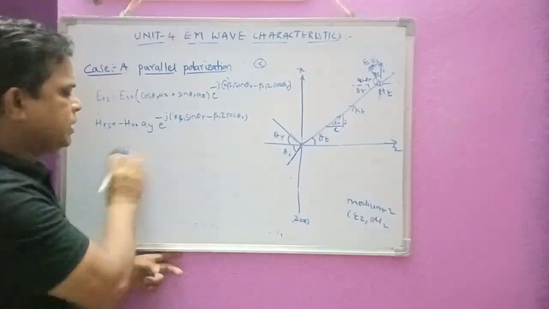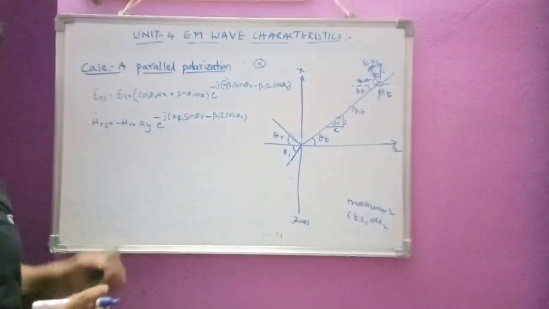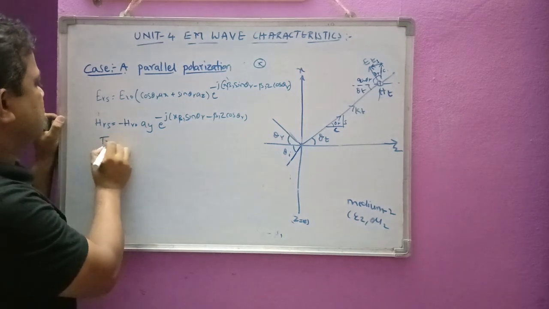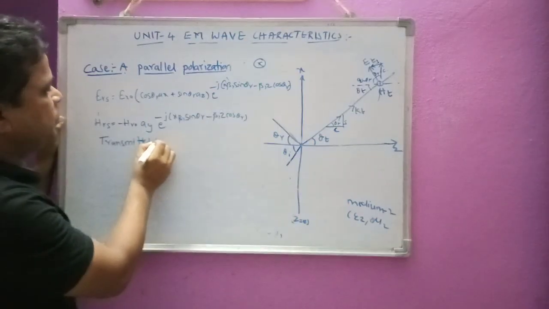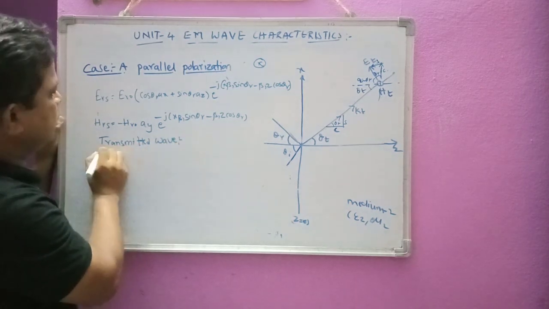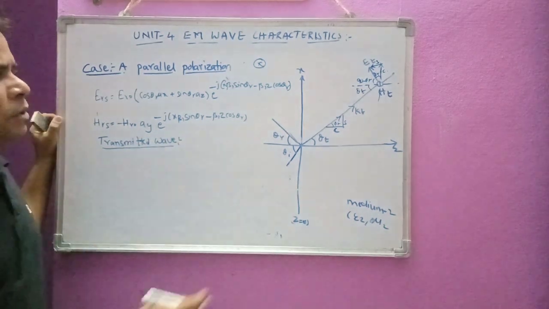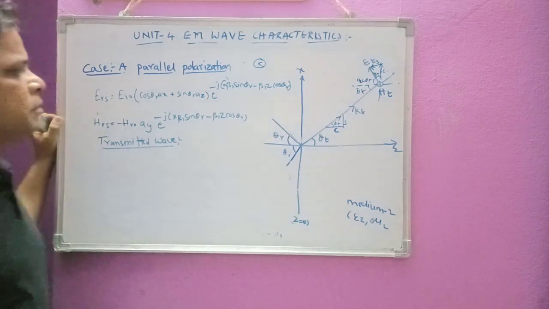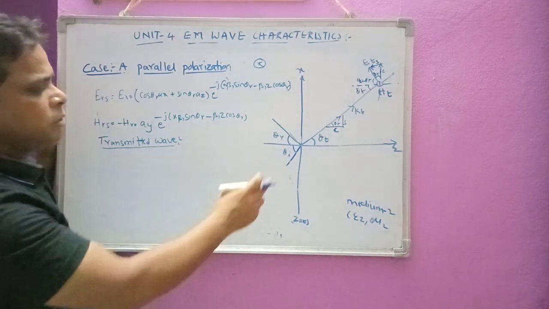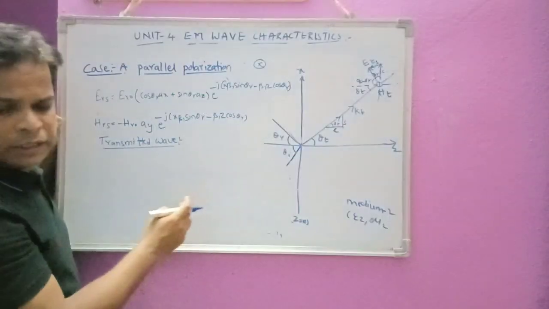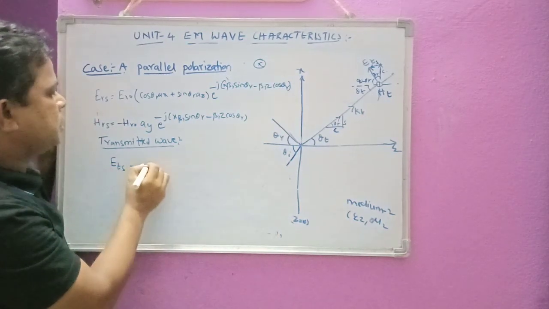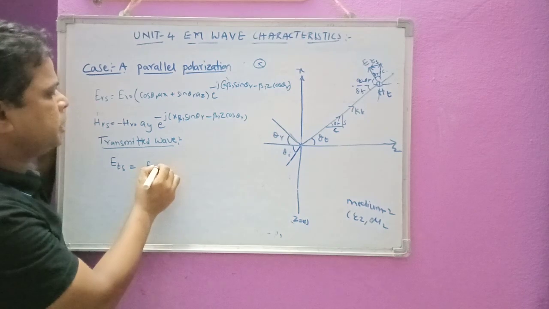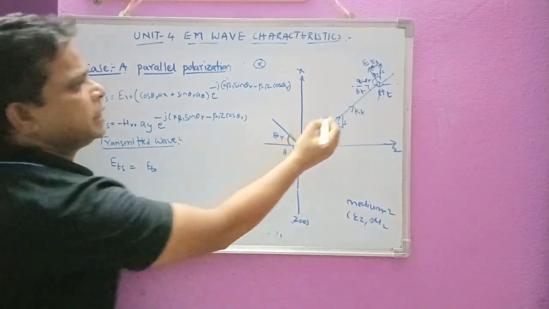And now we can write the equation for the transmitted wave. For the transmitted wave, I have to use this diagram here. So for this diagram, E_Ts is equal to E_T0 times, you can take this one.